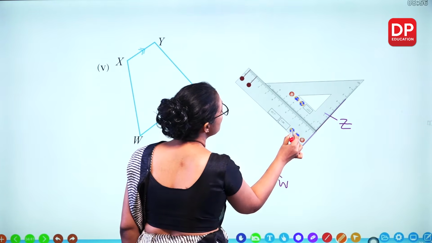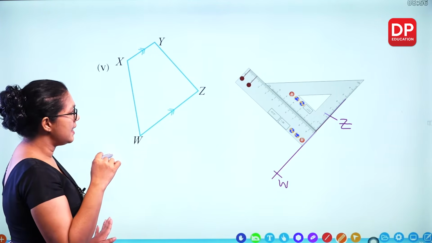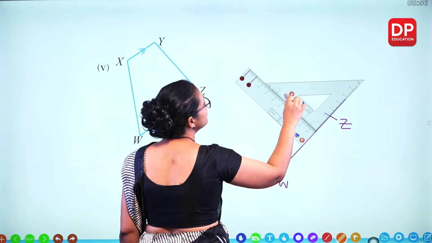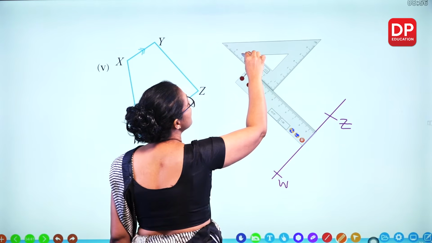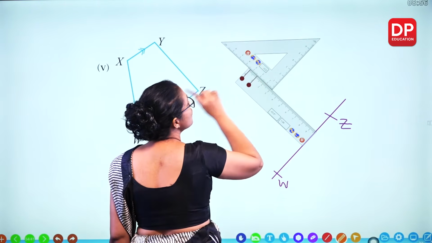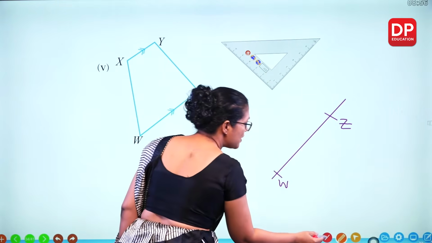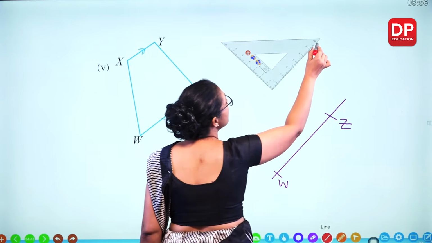You need to keep it properly like this and then hold it tightly and drag the set square up so that you can draw the line. So here I'll remove this. Now you can draw the line.